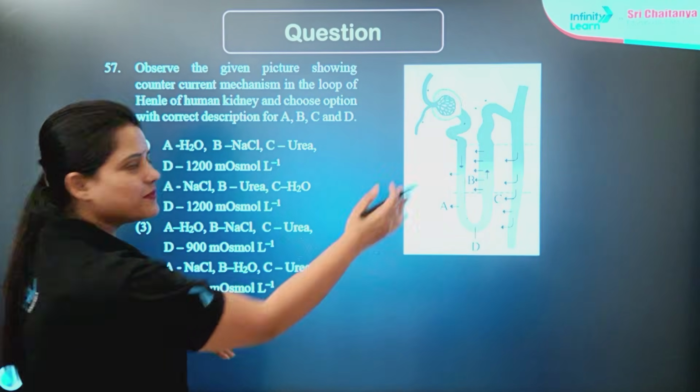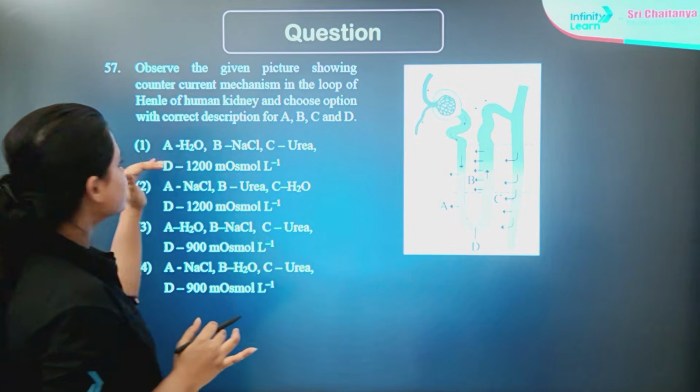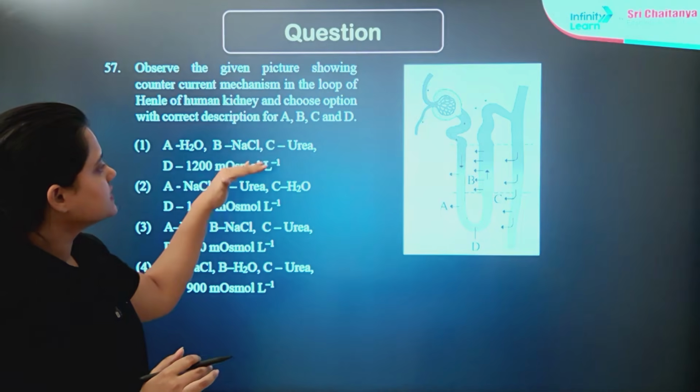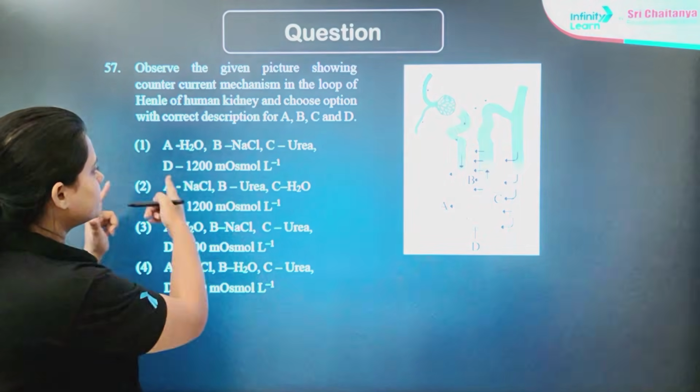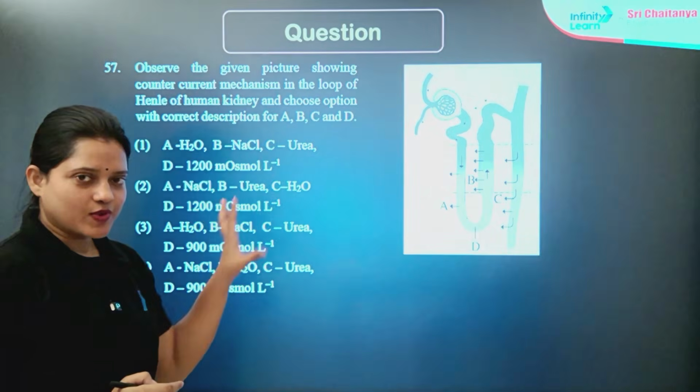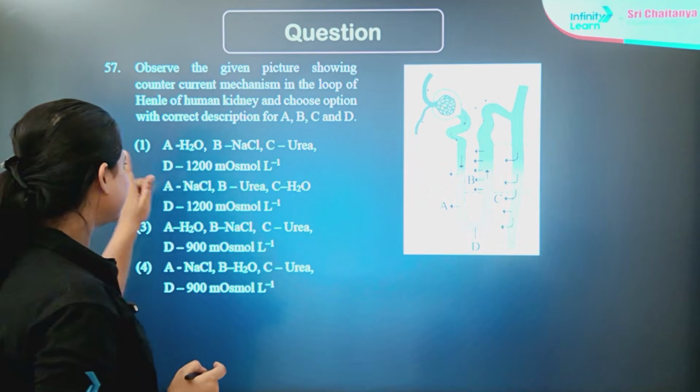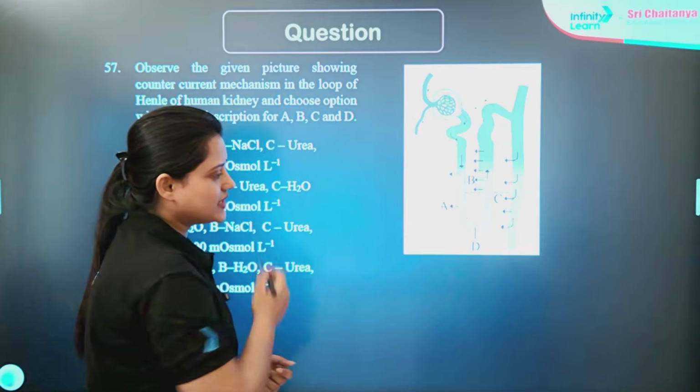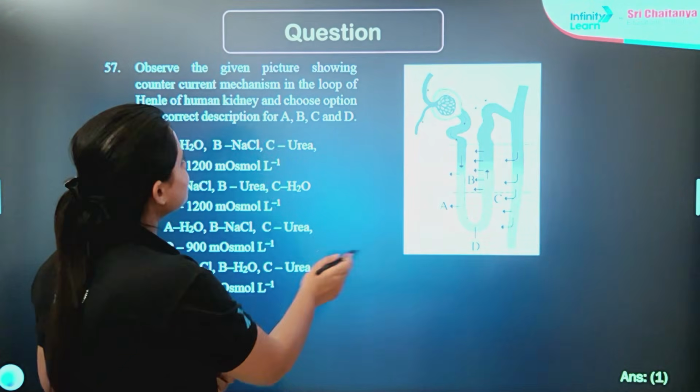So now we have A, B, C, D, everything. So A is water, B is NaCl, C is urea, and D is 1200. Yeah. So with this we can go through the question and can quickly mark A, right, as the correct option. That is 1. Now let's move on to next question.